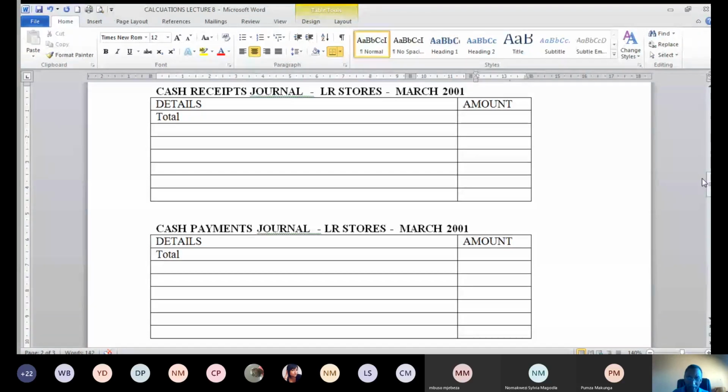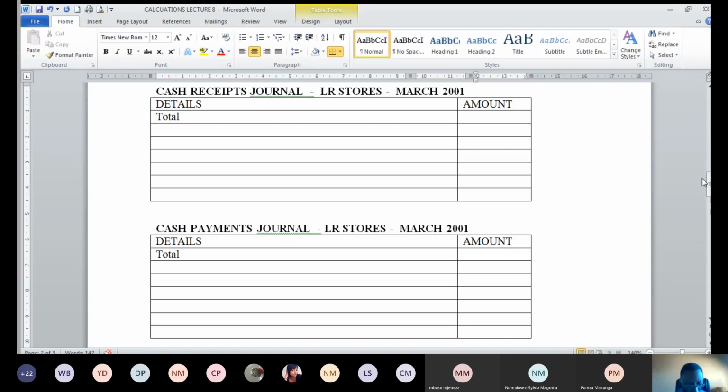Remember, we are comparing the cash receipts journal with the credit side of the bank statement. The next amount of 15,500 is there. The next amount of 30,000 is there. The next amount of 15,000 Rand is there. The next amount of 40,000 Rand is there. 26,500 is there. But the last amount of 5,000 Rand is not there.